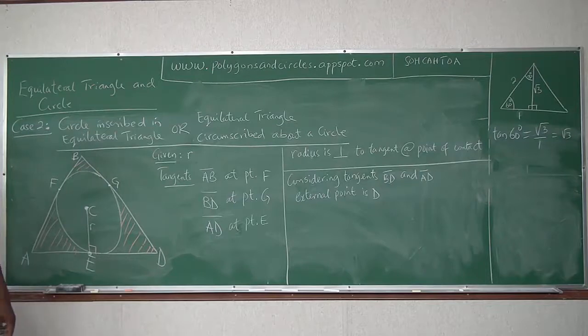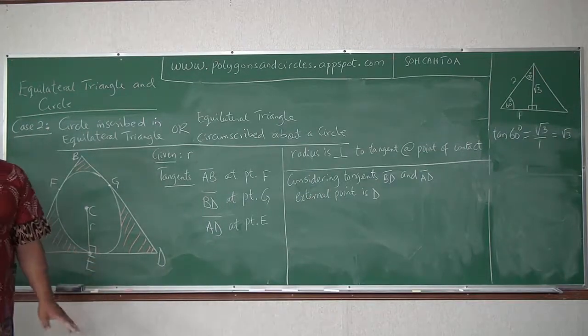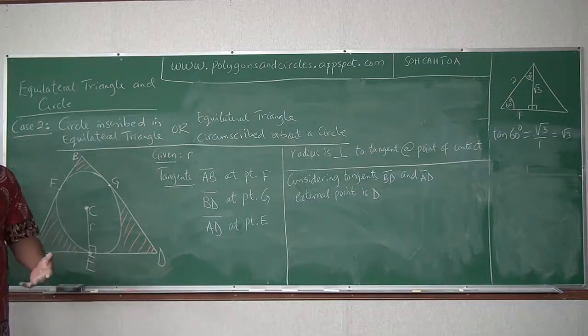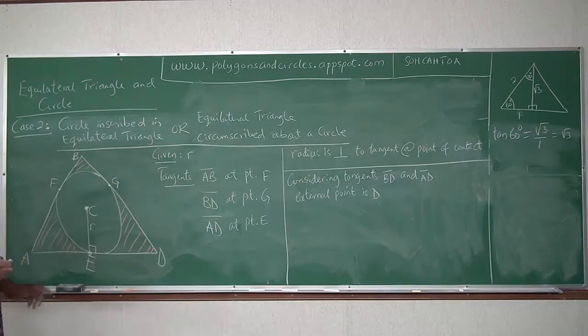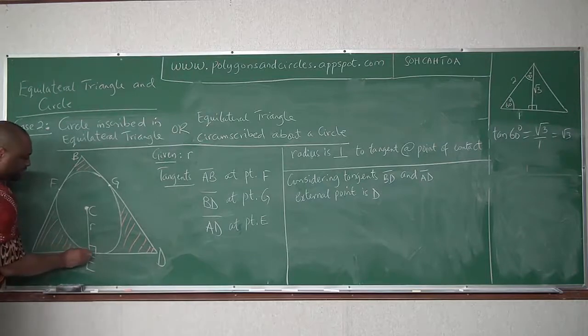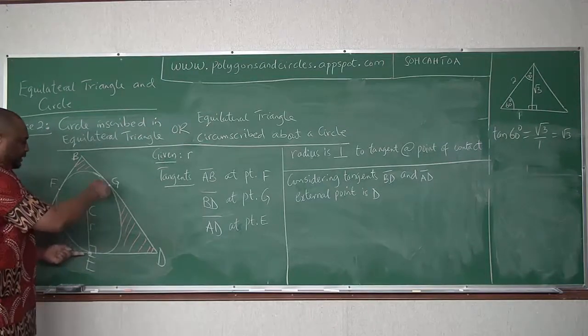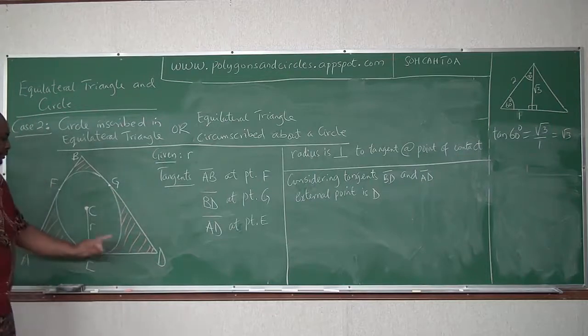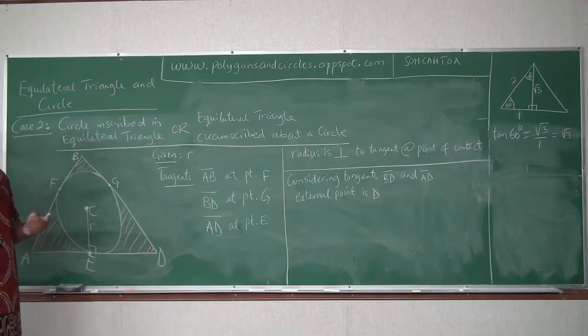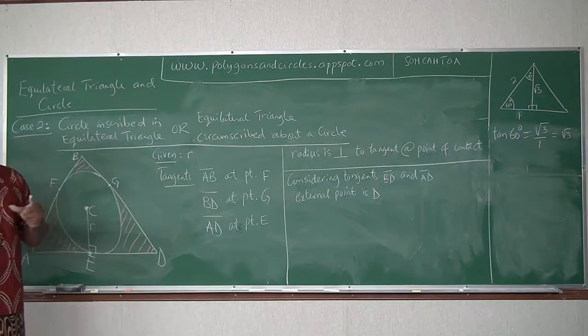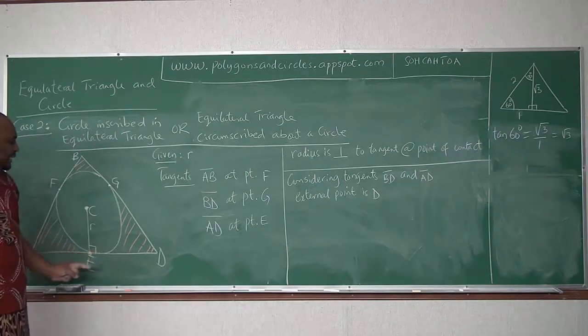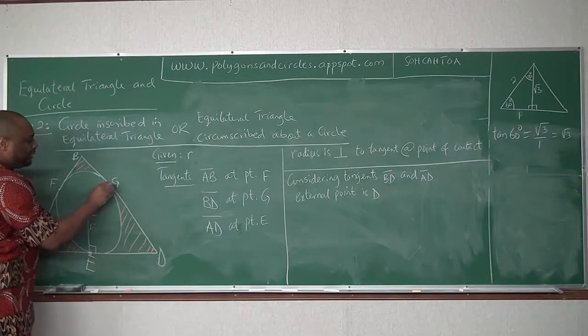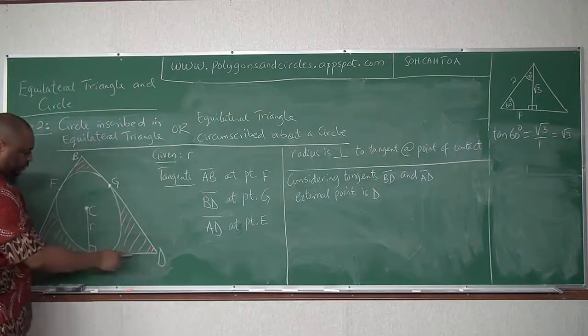Okay? Right? So, one of the circle theorems, you have to do the videos on circle theorems as well. One of the circle theorems is that two tangents drawn from the same external point, number one, they are equal in length, they are congruent, the two tangents. From this point of contact, GD is equal to ED.